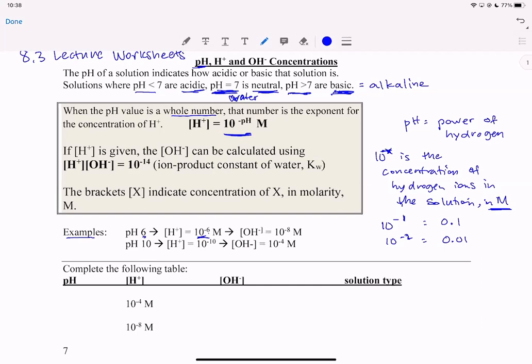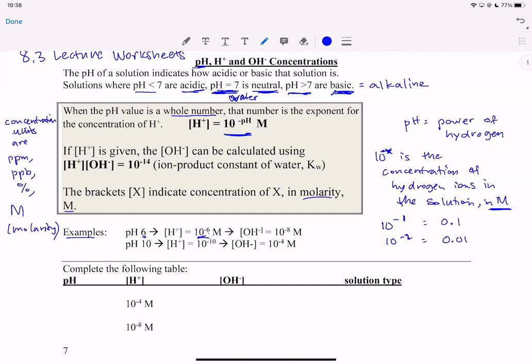Molarity is one of the units that are possible for concentrations. So the concentration units we talked about last time, the concentration units that we work with are parts per million, parts per billion, percent, and M, which is called molarity.